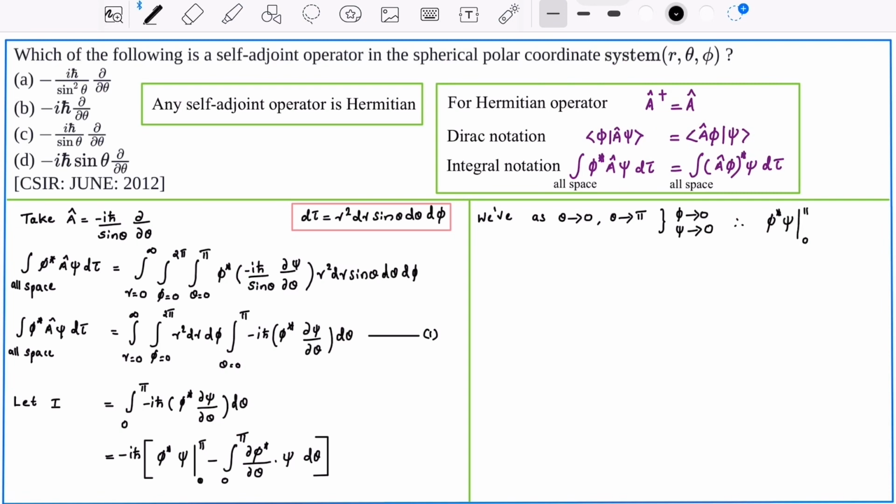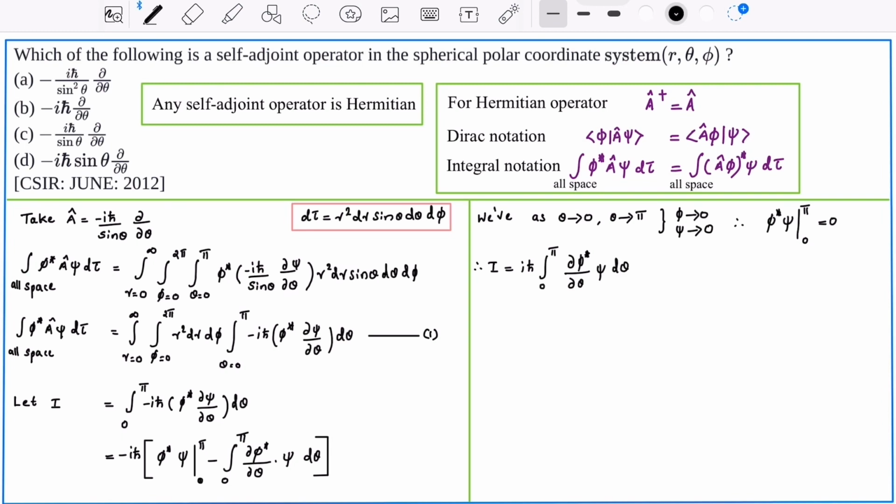Therefore, phi star psi within the limit from 0 to pi is equal to 0. Hence, our integral I becomes I equal to i h bar integral 0 to pi dou phi star by dou theta, then psi d theta.